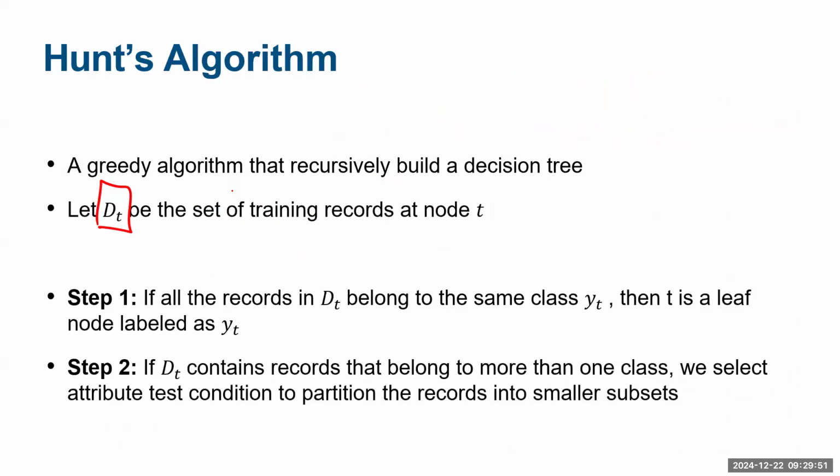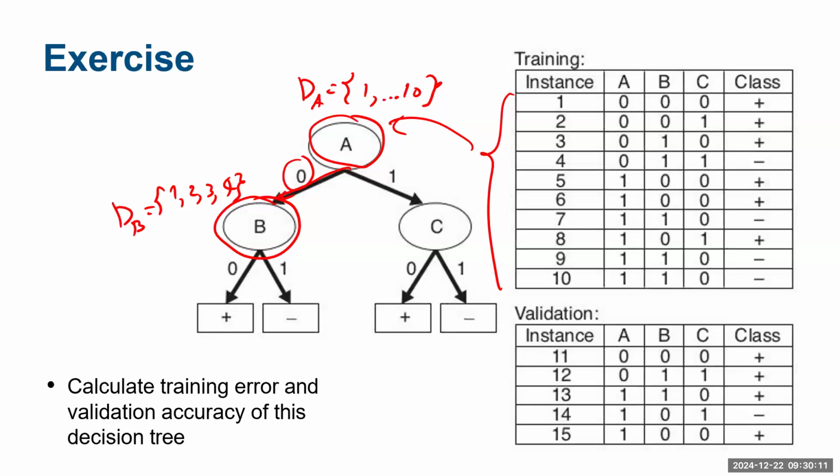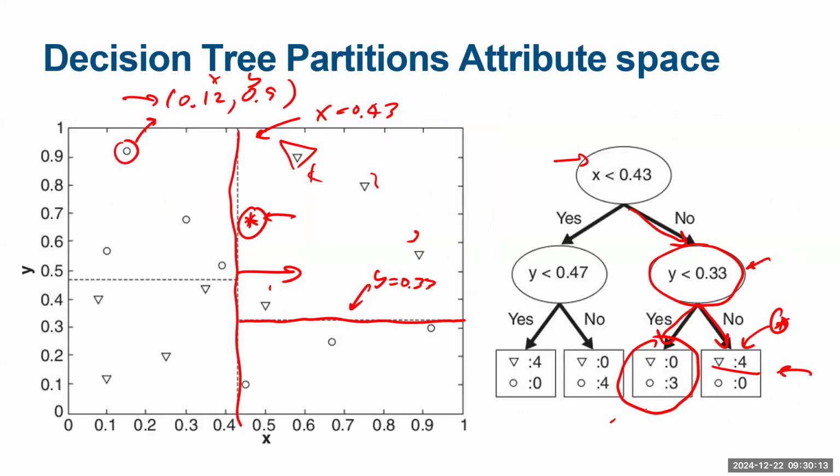So the first step: if all the records in Dt belong to the same class yt, then t is a leaf node. So we arrive at this situation where you are at this node, and the Dt of this node has only one class.